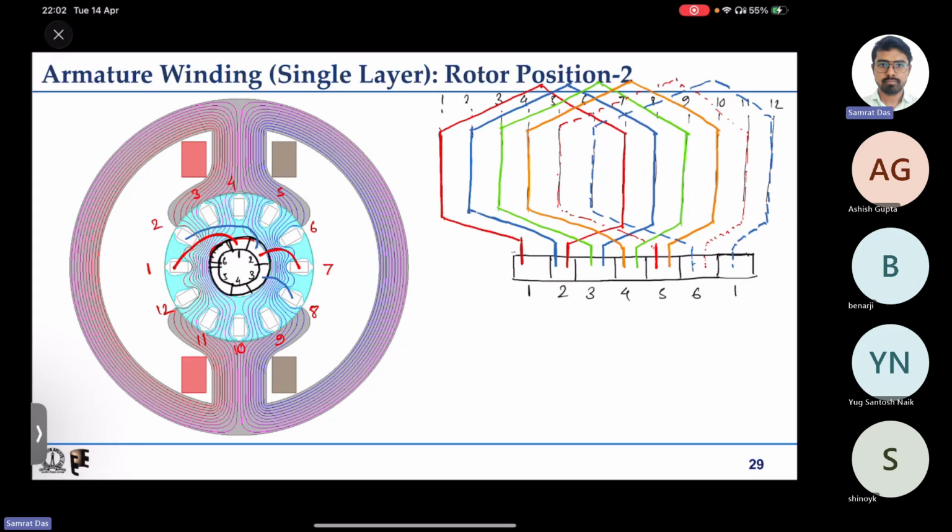Then the next one, it starts from commutator segment 3. It goes to this slot 3. It comes out from slot 9. From slot 9 it has to go to slot number 4.